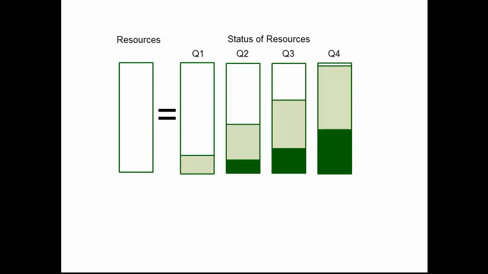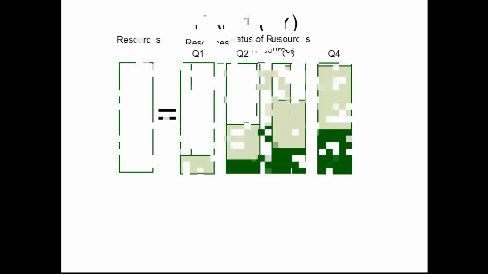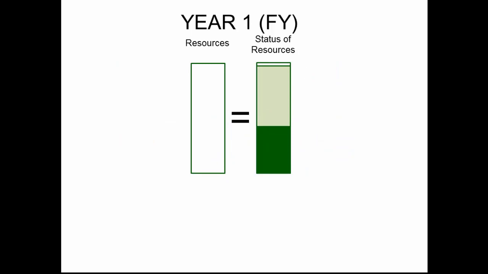But what happens after year 1, after we've paid some of the obligations and the resources go down? Let's take a look at the status of resources at the end of year 1. Note that as the year ends, we have obligated almost all of our resources, and more than a third of those obligations have been paid. This leaves a balance of unpaid obligations and a small balance unobligated.